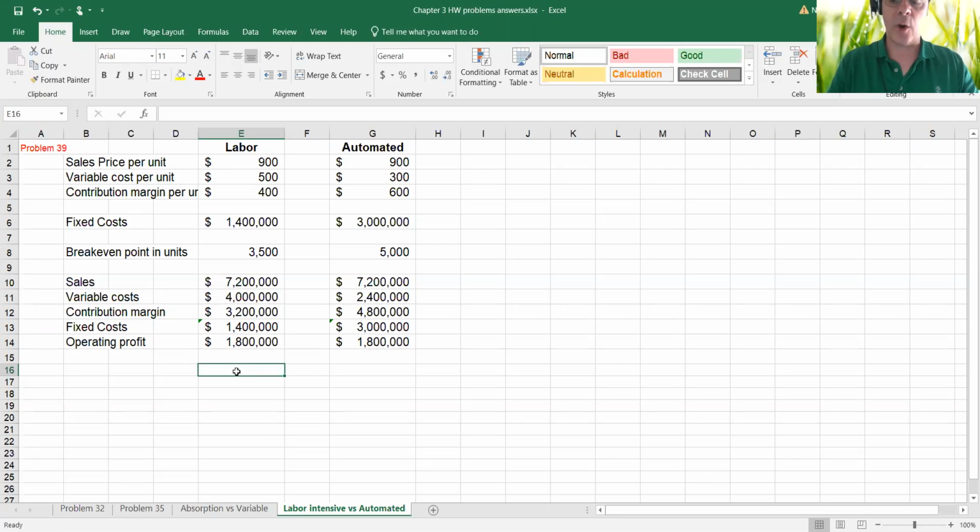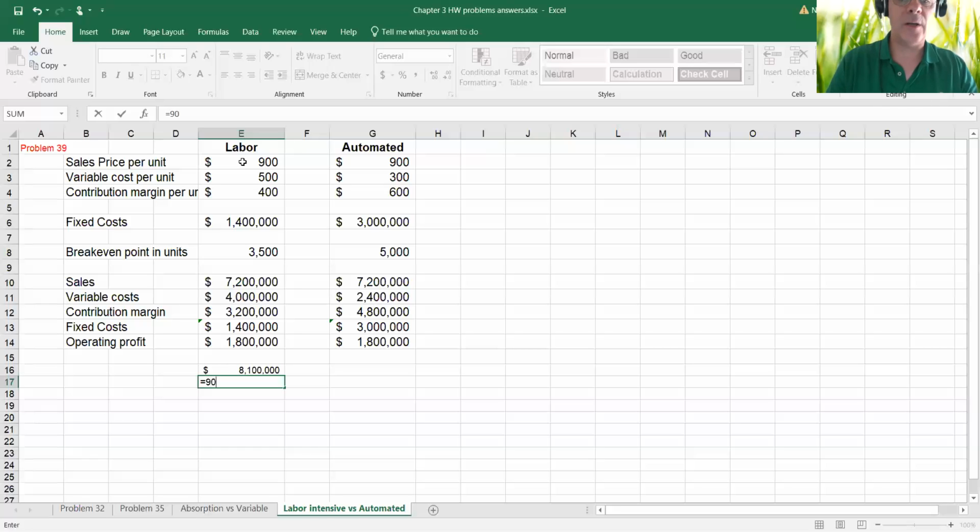Okay. All right. So let's just increase our sales to 9,000. If I take 9,000 and multiply it by 900, and then take my 9,000 and multiply it by my 500 for my variable costs, I get a contribution margin of 3.6 million.